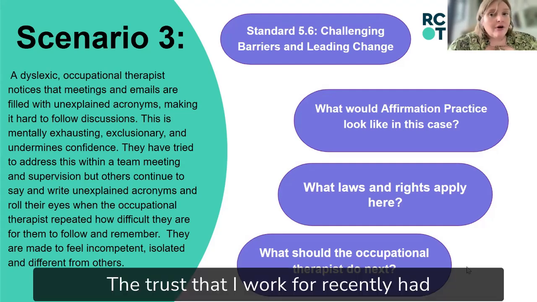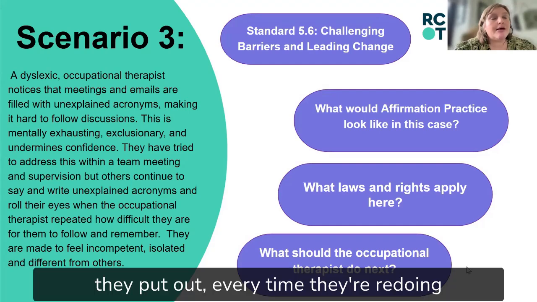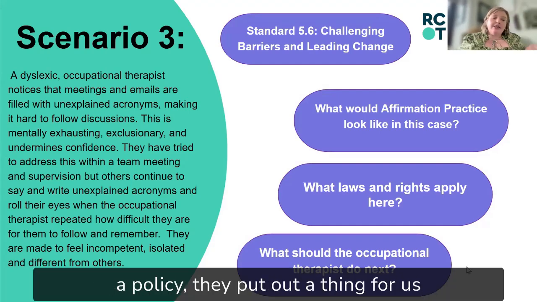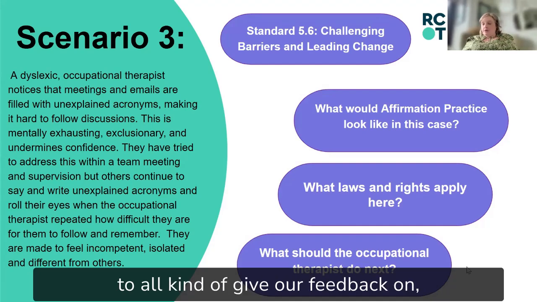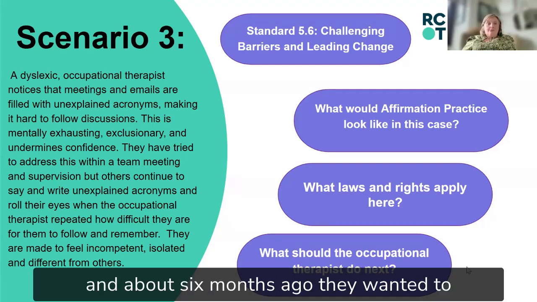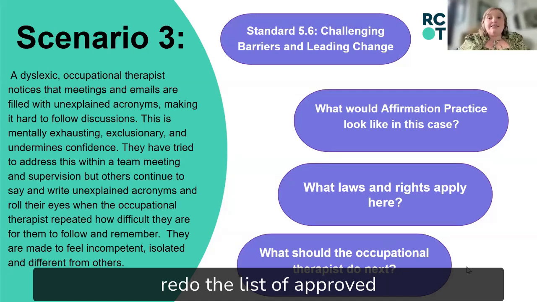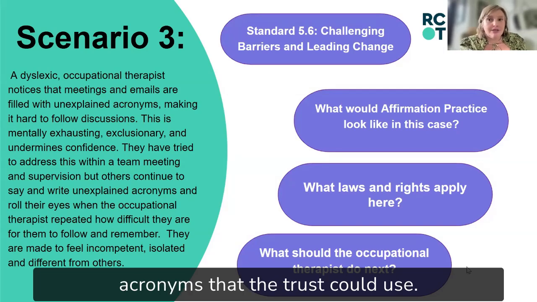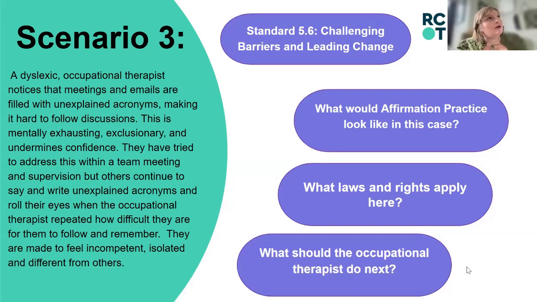The trust that I work for recently, every time they're redoing a policy, they put out a request for us all to give our feedback on. And about 6 months ago, they wanted to redo the list of approved acronyms that the trust could use.